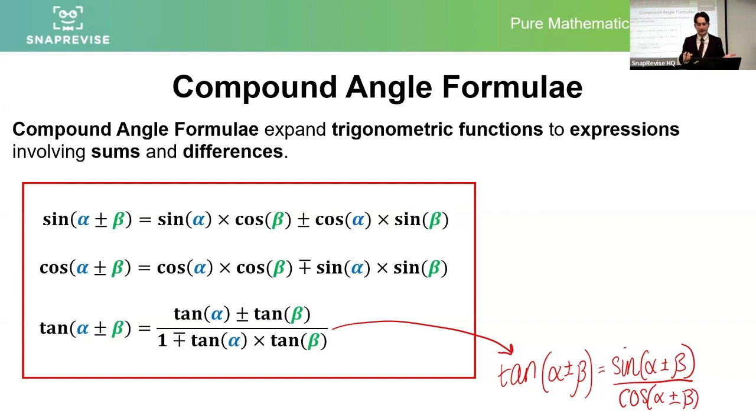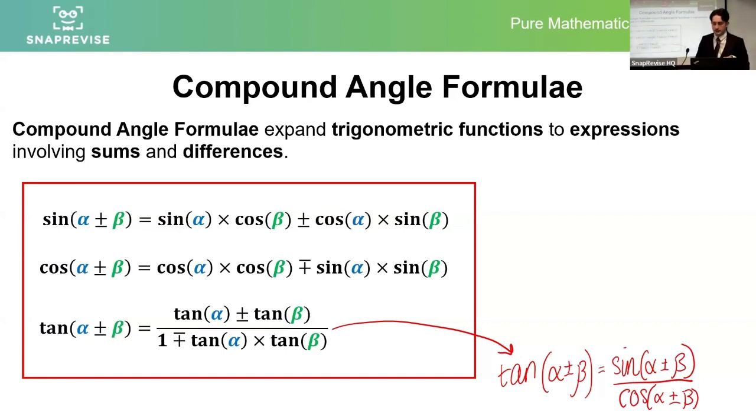Don't forget that that is a thing. I think for some people, they get so caught up in the addition formulae that they forget, obviously, the normal trig identities apply as well, and tan is still sine over cos. Okay, so tan alpha plus or minus beta is equal to sine alpha plus or minus beta over cos alpha plus or minus beta. So that is true as well.